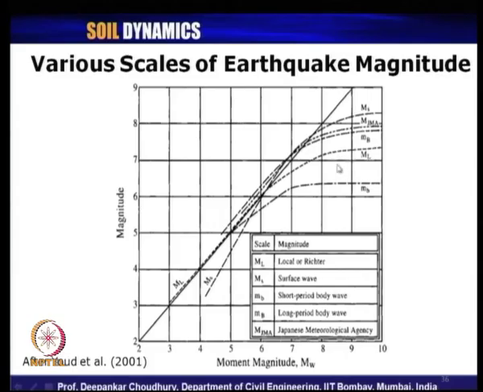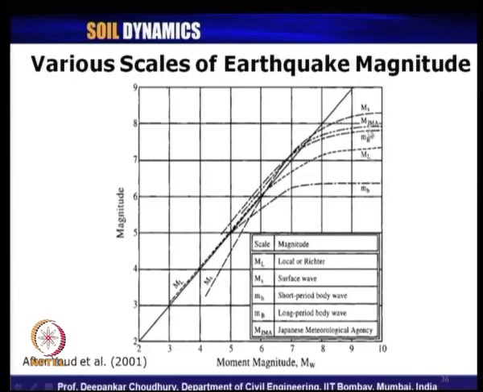Fine. So, that way, if it is given as MS, that is the surface wave magnitude scale; small mb is called the short period body wave scale; capital MB is called the long period body wave scale; MJMA is called the Japanese Meteorological Agency scale.